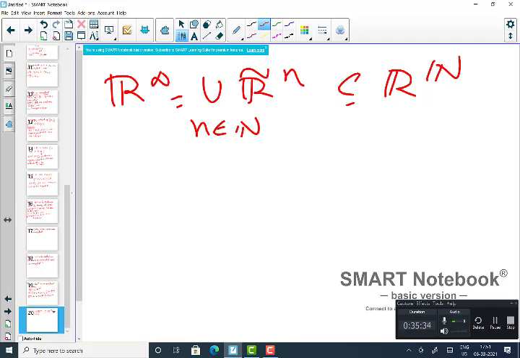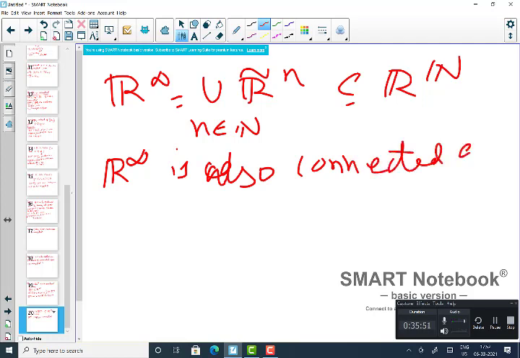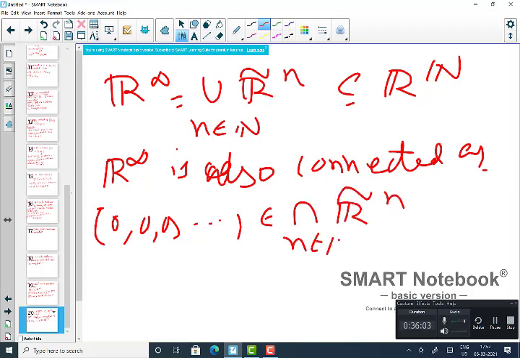Yes, because it is a union of connected spaces, and they have a common point. So R infinity is also connected, as you have the common point 0, 0, 0, 0, which is inside the intersection for everything. If you have an arbitrary union of connected spaces with a common point, right? So R infinity is connected, and R infinity is a connected subspace of R^omega.